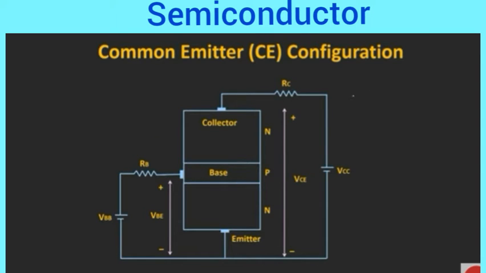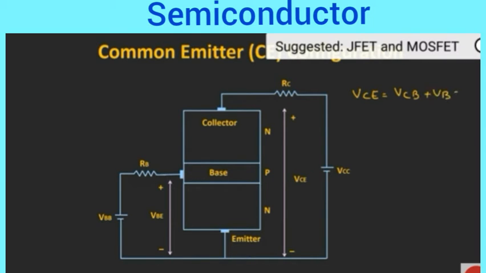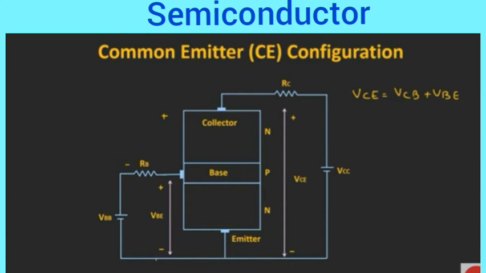Here the voltage VCE can be given as voltage VCB plus voltage VBE. This means the voltage between the collector and base terminal and the voltage between the base and the emitter terminal. Now for a fixed value of VBE, if we increase the value of VCE, then the voltage VCB will also increase.